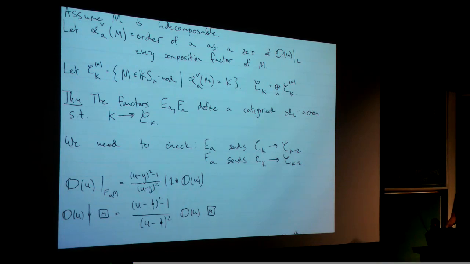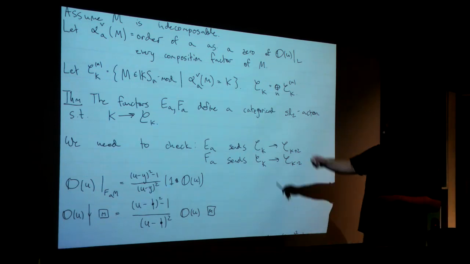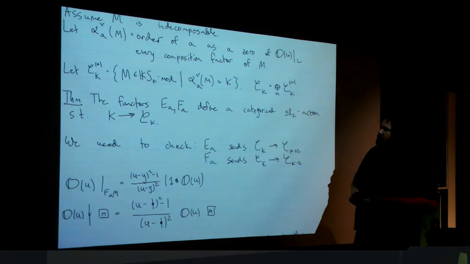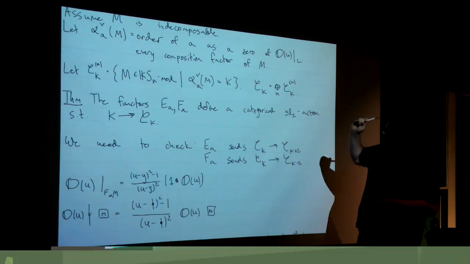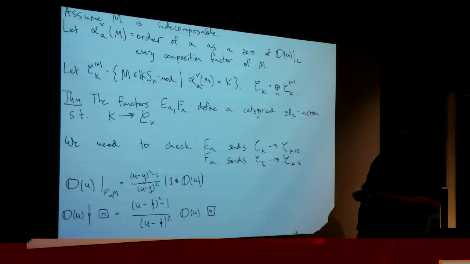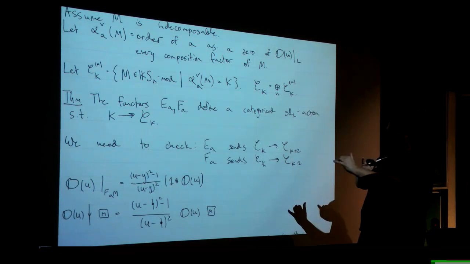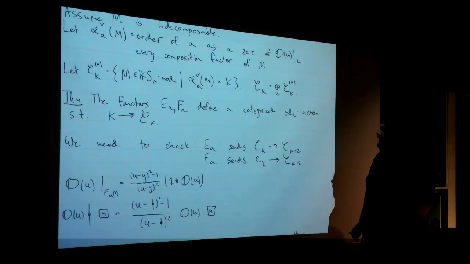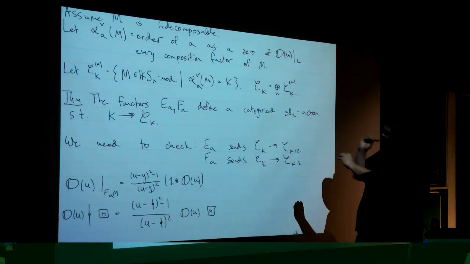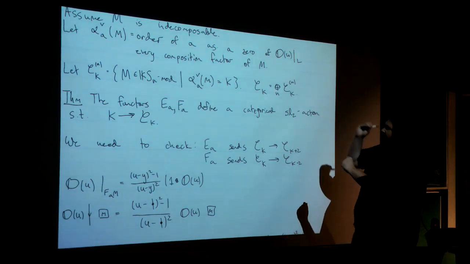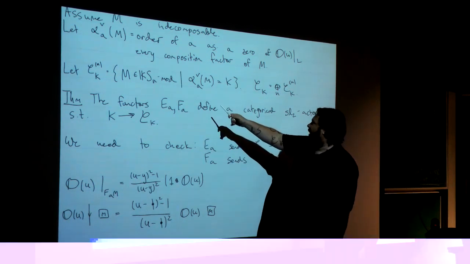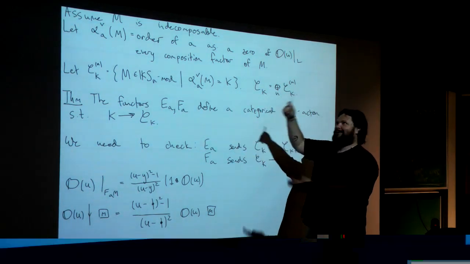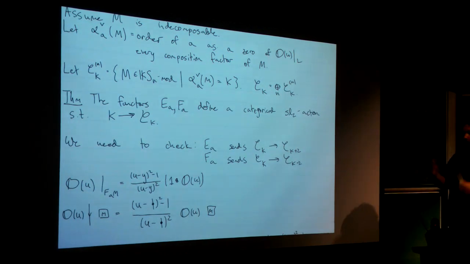So I can take my representations of Sn. I can look at the order of pole or zero of this power series acting on any composition factor, and I can look at the subcategory of modules where vectors have a pole or a zero in particular.